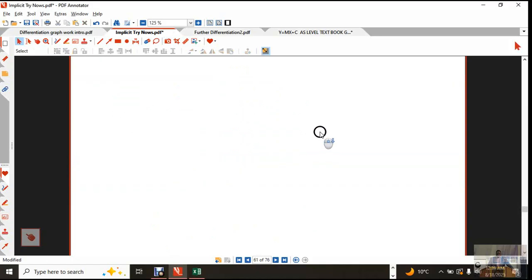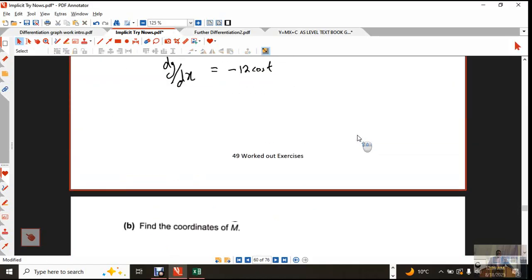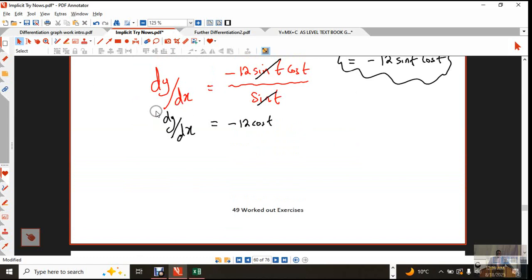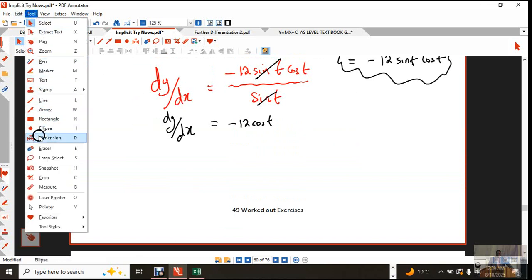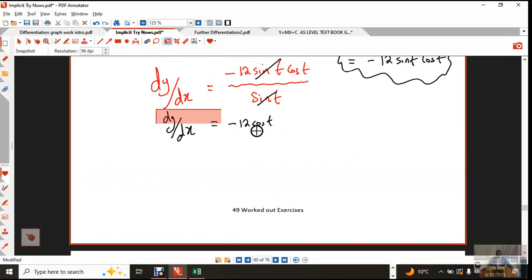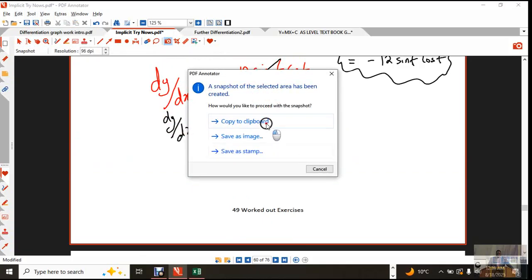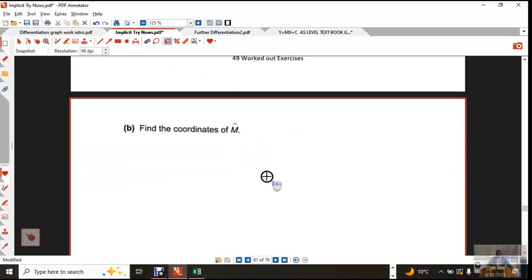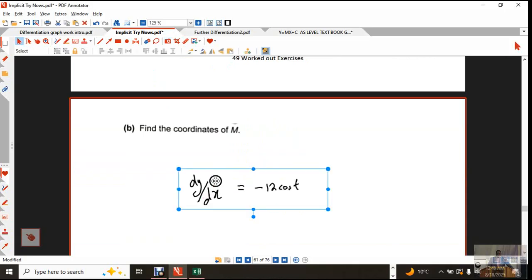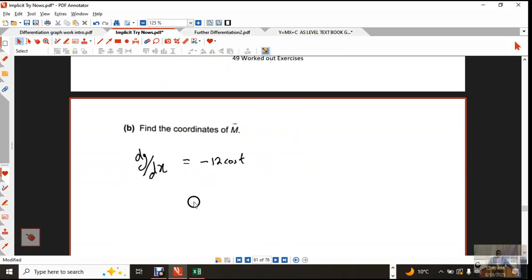Remember we said part B is when the derivative is equal to 0. So that's when that is equal to 0.